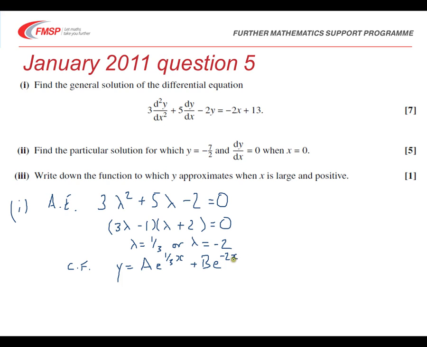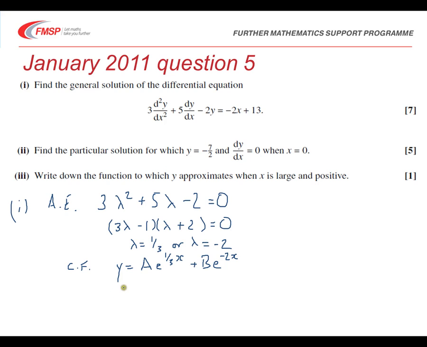So you do need to practice those, and do look at some other questions from the textbook or past papers where you've got roots that are either repeated or complex, but here they're quite straightforward, they're real and distinct, and we can go straight into this form of the complementary function.